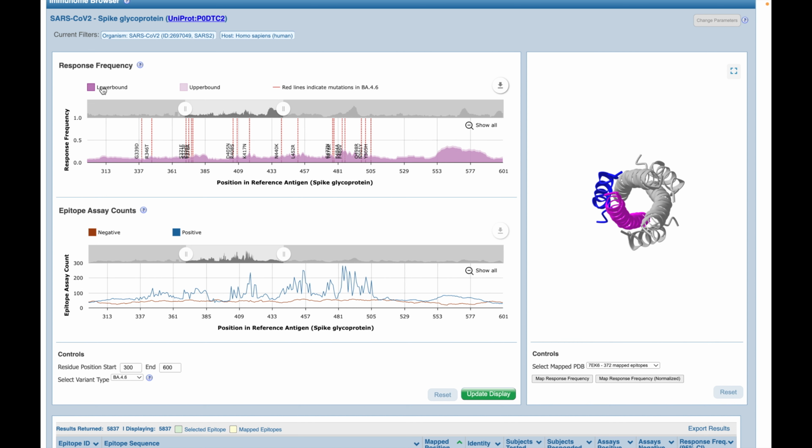You just need to click here, and then you will only be able to see the upper bound. That helps you. I'm going to bring it back, and also here we have the negative and the positive. Positive will be blue in the epitope assay count, and then the negative will be the red.